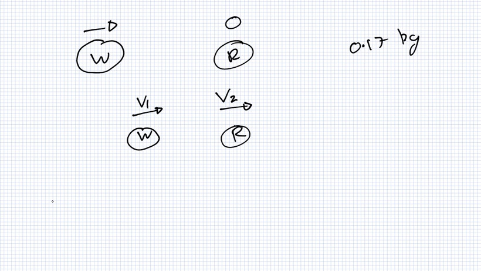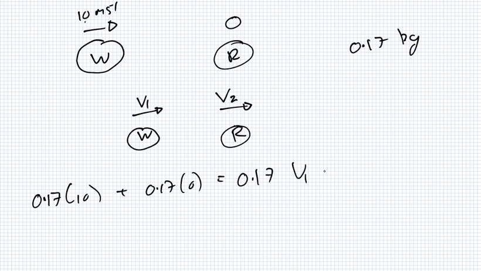So, conservation of momentum says m1 u1 plus m2 u2 equals m1 v1 plus m2 v2. So we get v1 plus v2 equals 1.7.